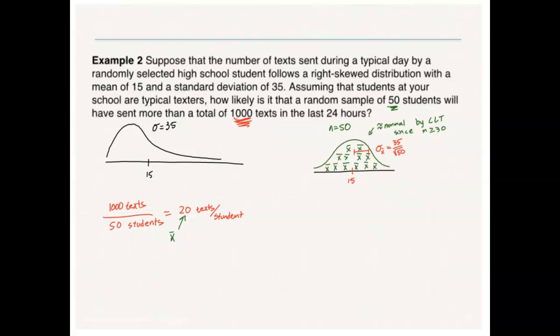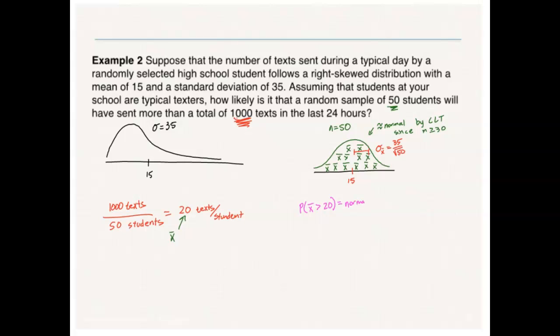So there's my average. There's the X bar that I'm looking for. So really, to answer their question, I'm looking to answer this probability question. What's the probability of getting an X bar that is greater than 20? So what's the probability that out of 50 students, there's more than an average of 20 texts per student? All right.